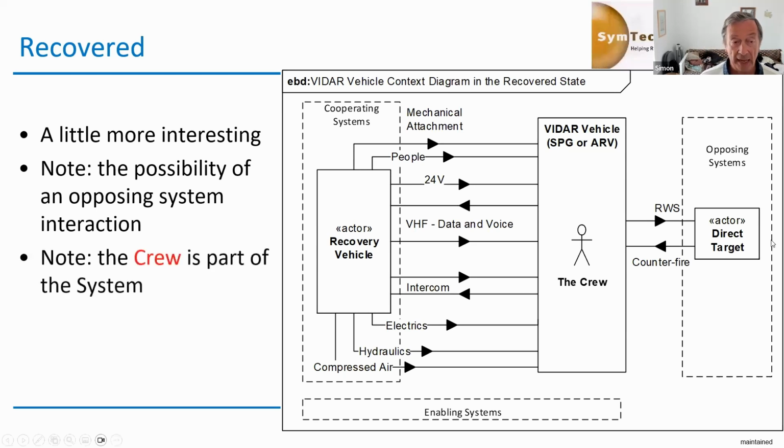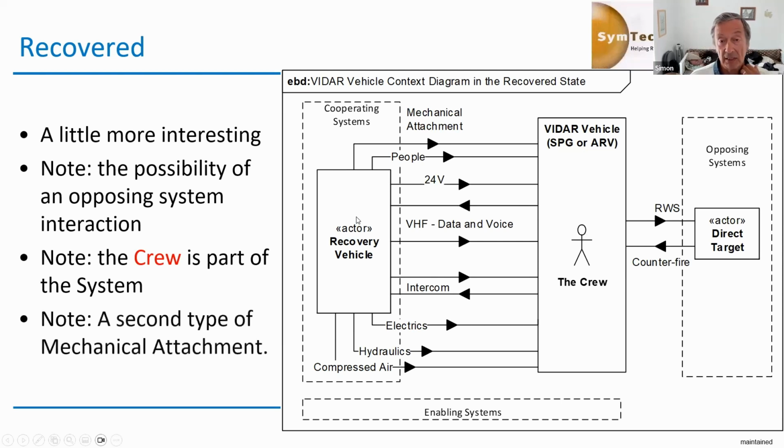Notice also that the crew is part of the system. The crew can be in the vehicle when it's being towed out by the recovery vehicle. And notice there's a second type of mechanical attachment. Now, this immediately throws up the idea, well, is that the same mechanical attachment for loading and unloading from the transporter?